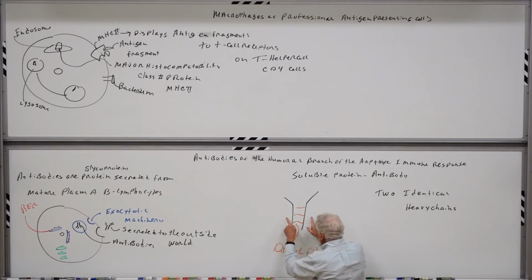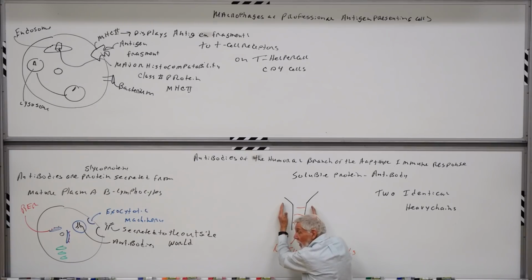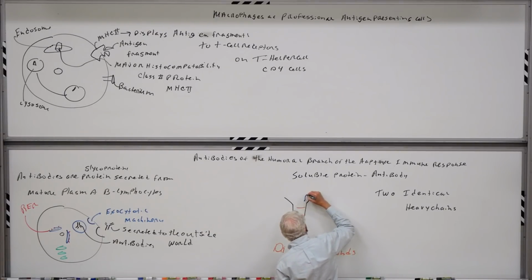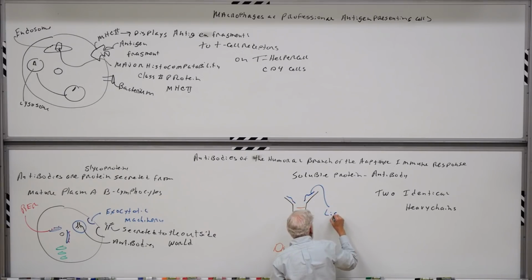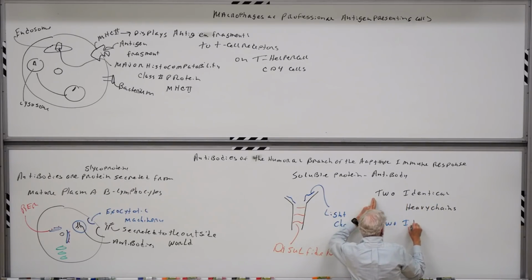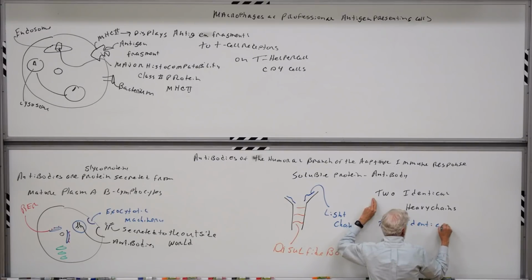The disulfide bonds are nothing more than covalent linkages holding the two identical heavy chains together. Then out here in the short arm of the Y, there are these light chains. So in every one of these antibodies, there are two identical heavy chains and two identical light chains.